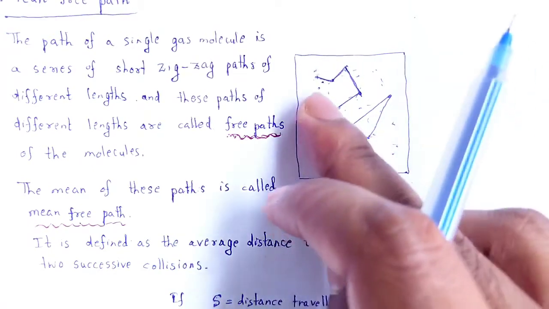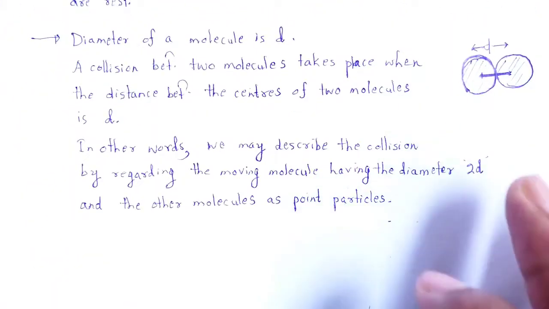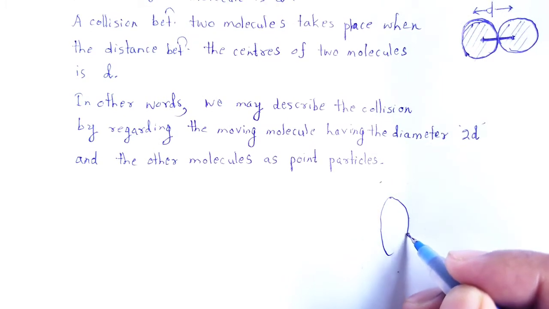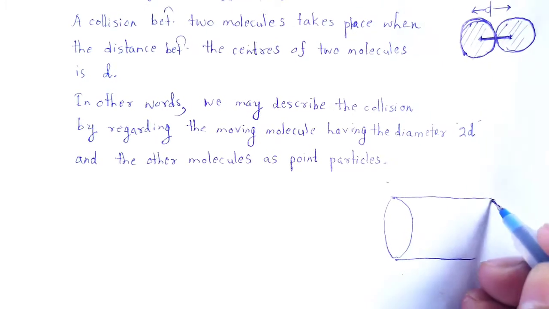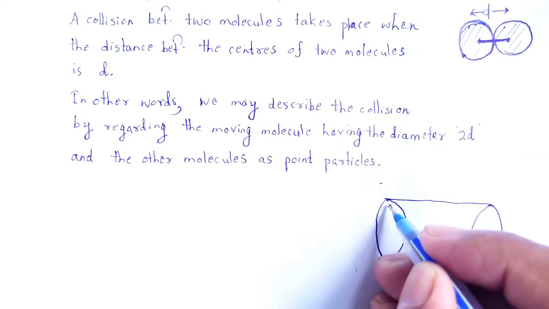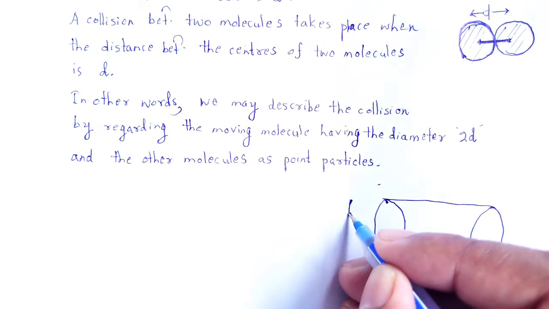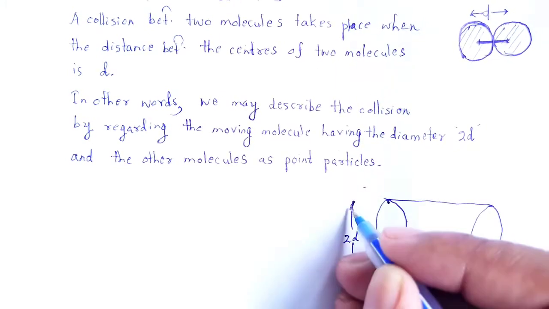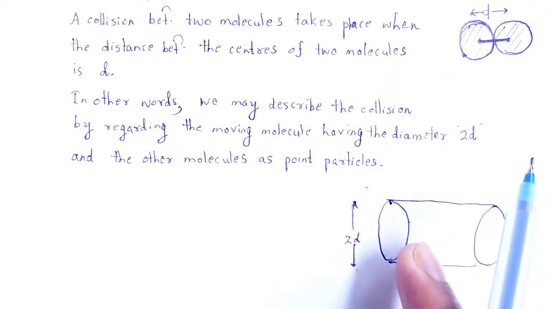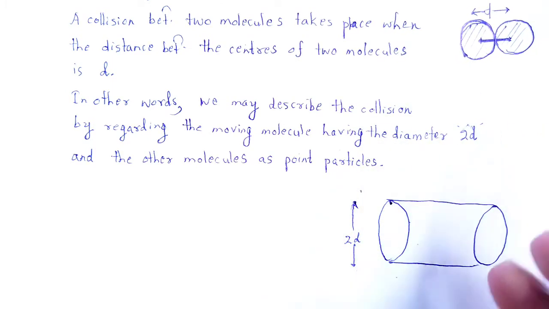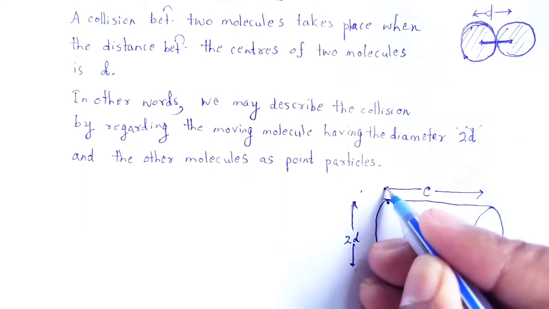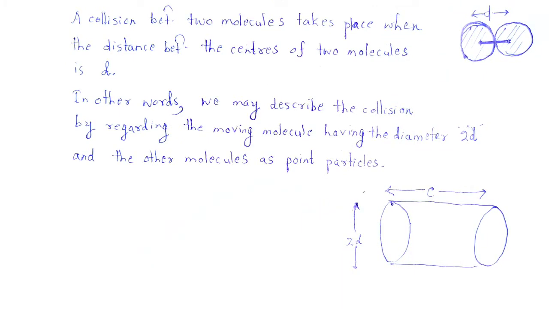If we take a small segment of that container, a cylindrical segment having diameter 2d, the collision is regarded with the moving molecule having diameter 2d and the other molecules as point particles, and the length of that cylinder as c.